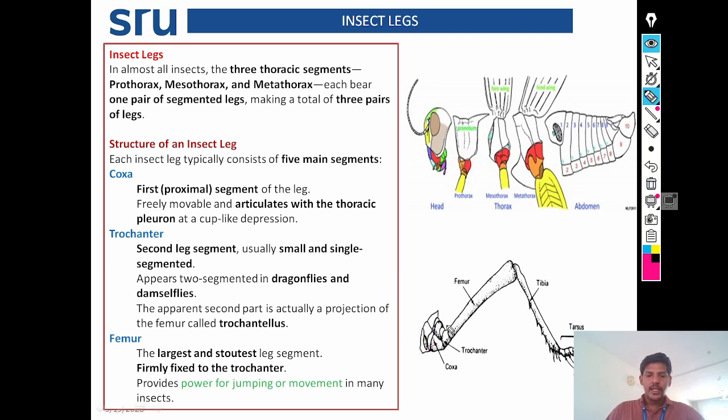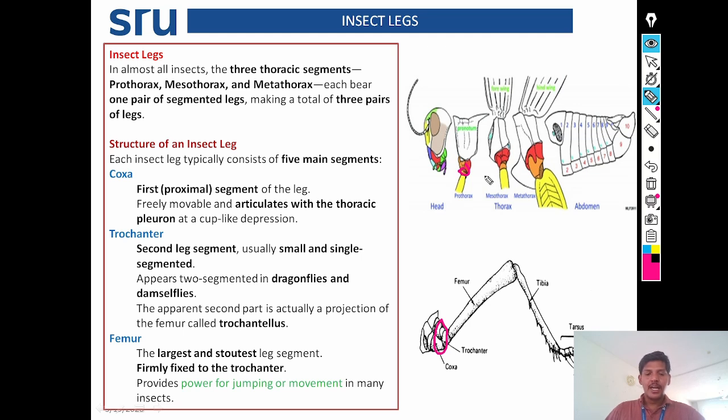Next, trochanter. So this is the trochanter region. Trochanter is the second leg segment, usually small and single segmented, but it appears two segmented in dragonflies and damselflies.